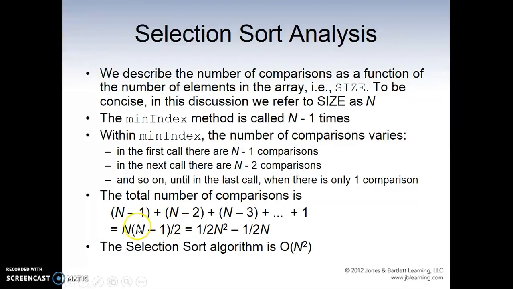And this is an arithmetic series which equals n times n minus 1 divided by 2. So we can see this is about n squared efficiency for selection sort.